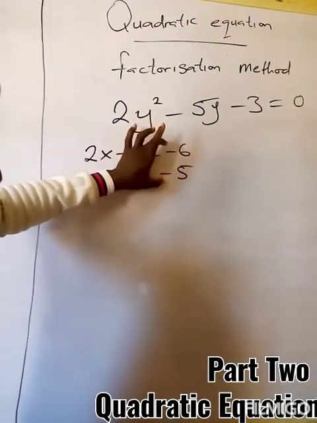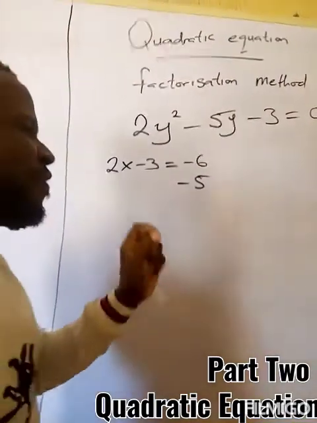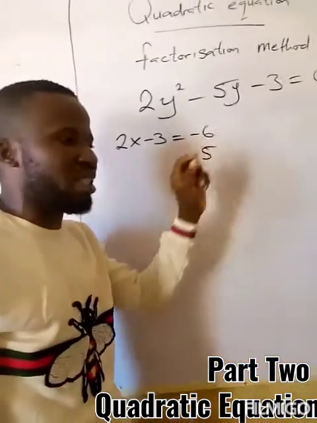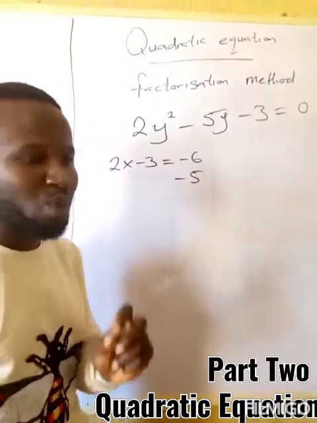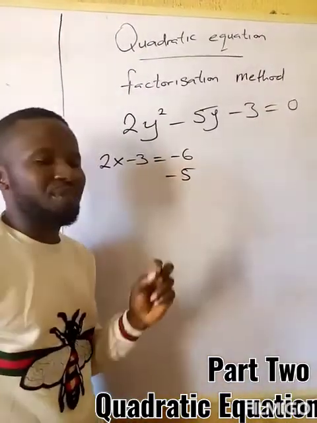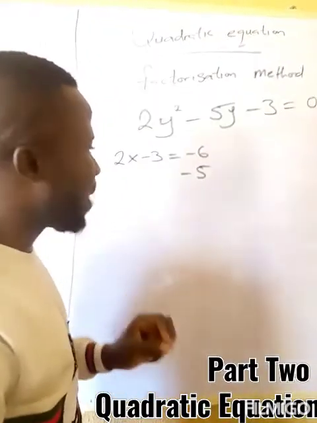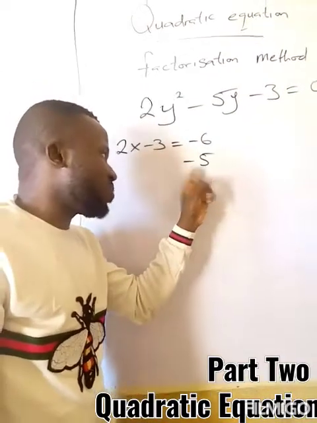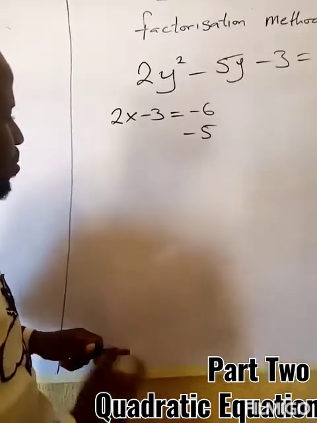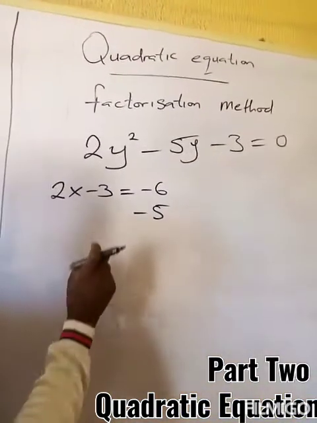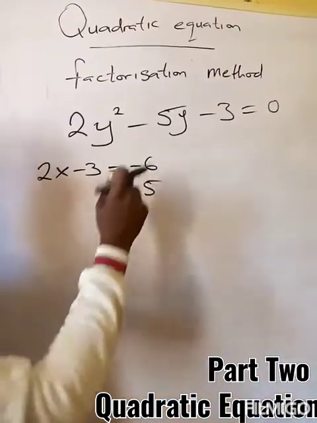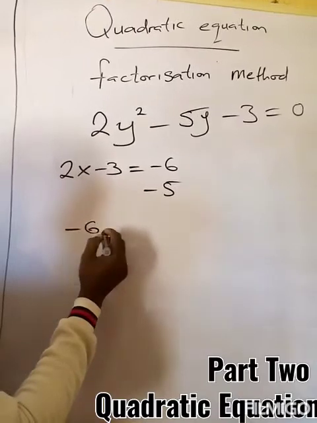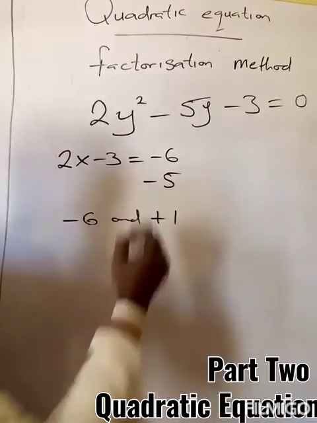Now, we will find two numbers that we can multiply together to get minus 6, and when we add them together we get minus 5. The two numbers are minus 6 and plus 1.